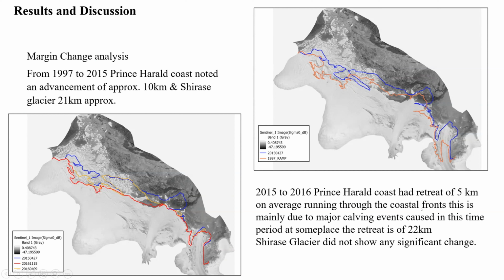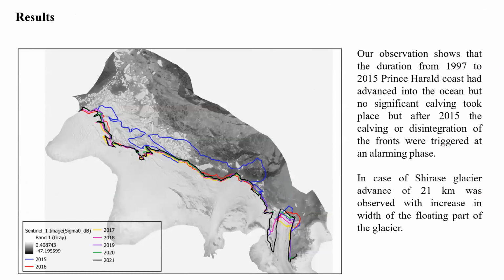This is mainly due to major calving events, and at some places 22 kilometers of retreat was also noted. Shirase Glacier did not show any significant change between that time period. Over our observation from 1997 to 2015, Prince Harald Coast had advanced into the ocean, but no significant calving took place till 2015.